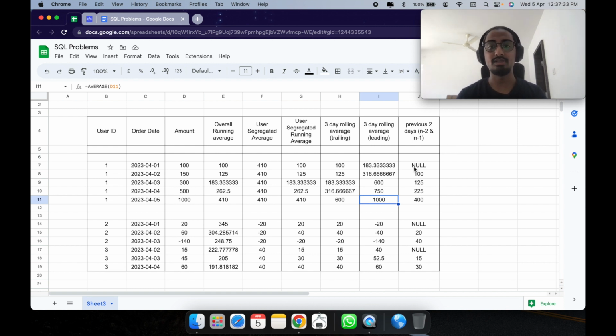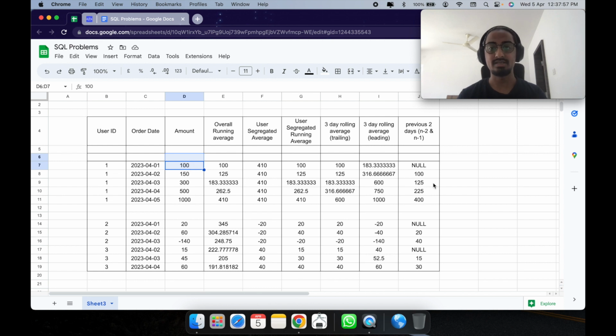So here the logic is for a given row, the average is the average of previous 2 units. Say for row number 7, that is on 1st of April, the average is essentially the previous 2 rows. Given previous 2 rows are null, it is null again. Here for the next row, it is the average of 100 and null.